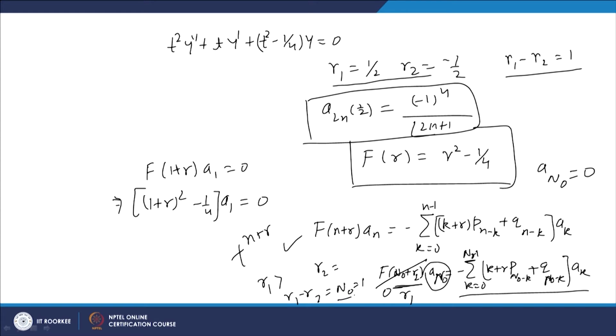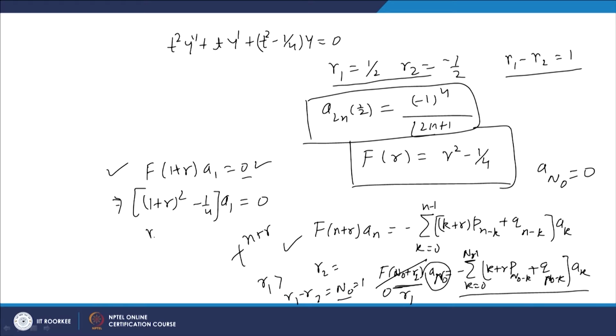So, we look at the corresponding equation, which is f of (1 plus r) a1 equal to 0. It is quite easy to see that the right hand side is already 0 in this particular example. f of (1 plus r) is (1 plus r) whole squared minus 1/4, times a1 equal to 0.